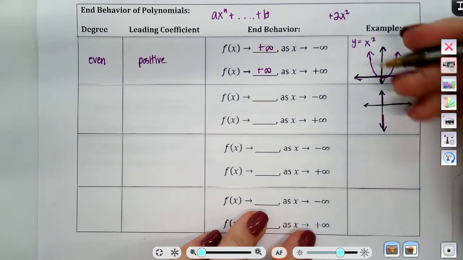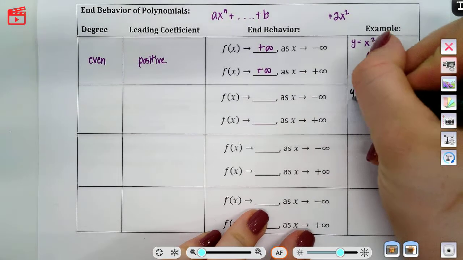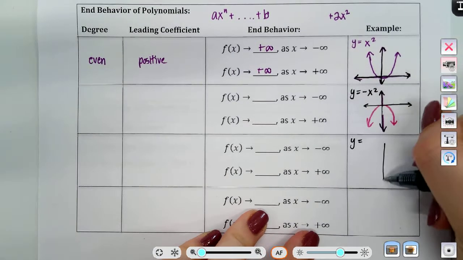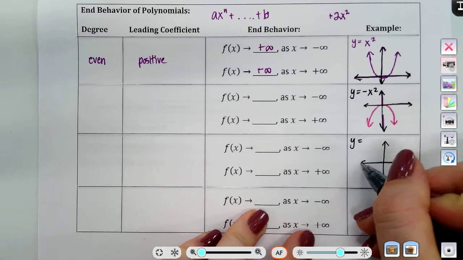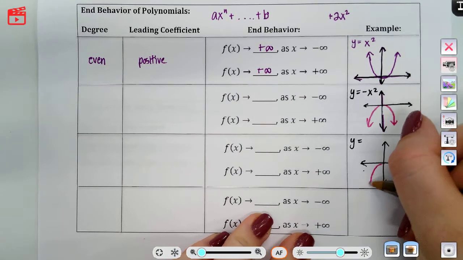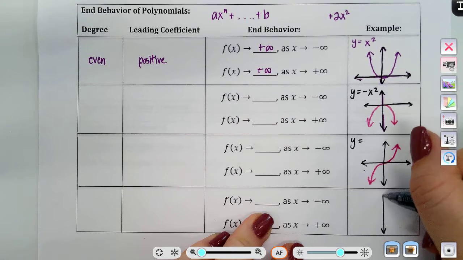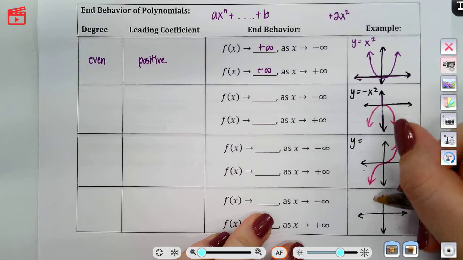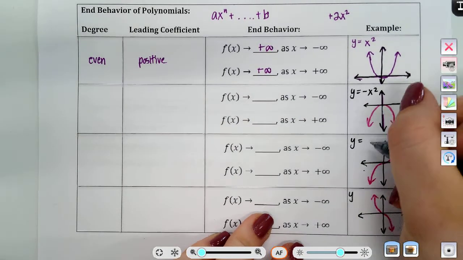Okay, the other example. Third example. And fourth example. Here we go. These are the examples we're going to look at.